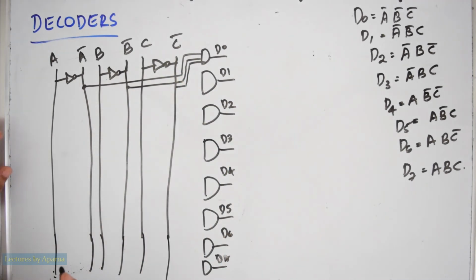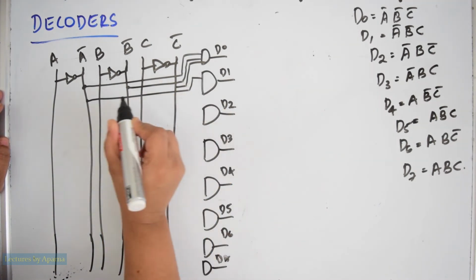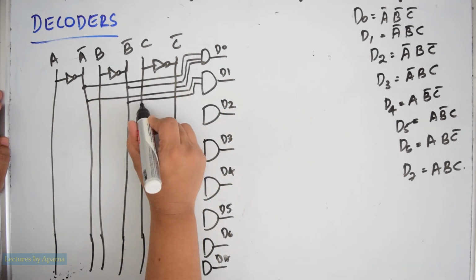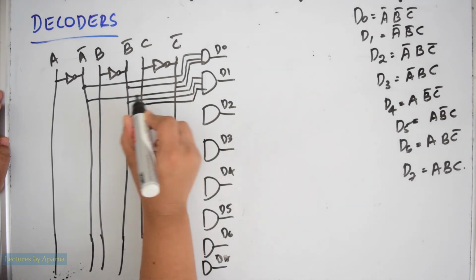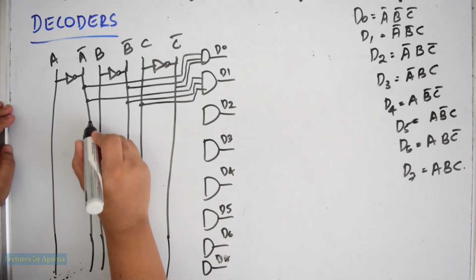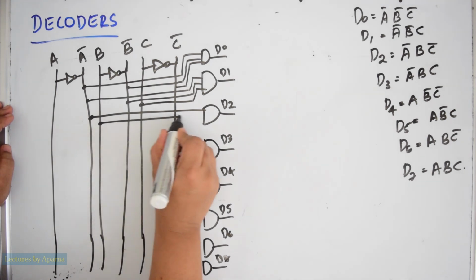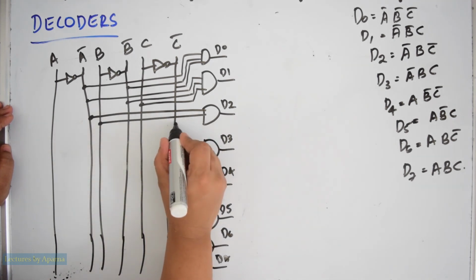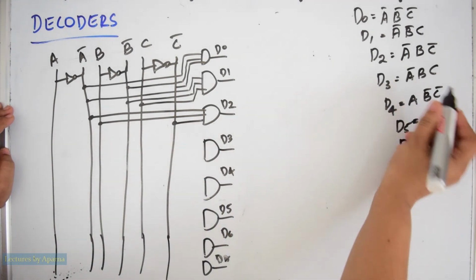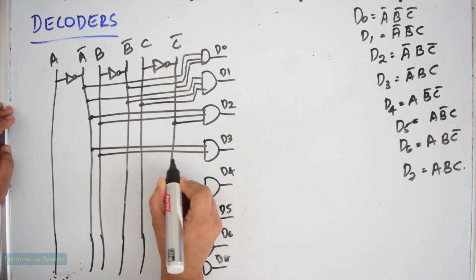D1 will be A bar, B bar, C. So I will take this A bar, B bar and C. Then to D2, A bar, B, C bar. To D3, A bar, B, C.